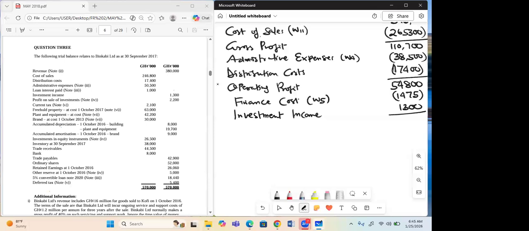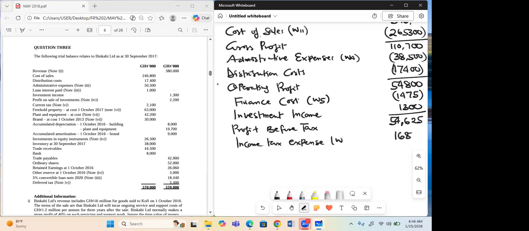When you sum it, what is the profit before tax? 54,625. Confirmed. Five four six two five. Now the income tax expense. We worked it in working number 8. Yes, income tax expense.